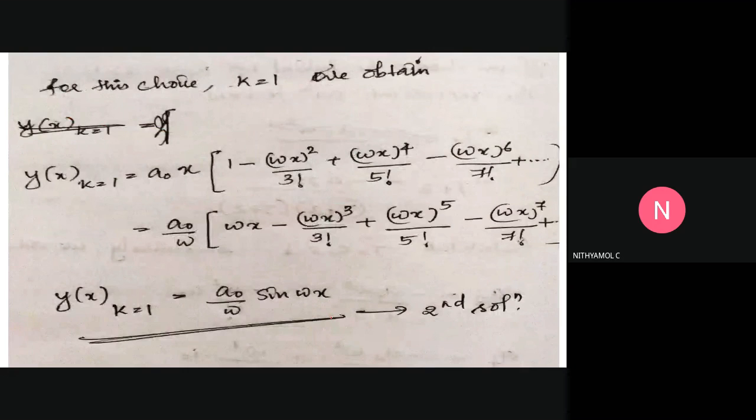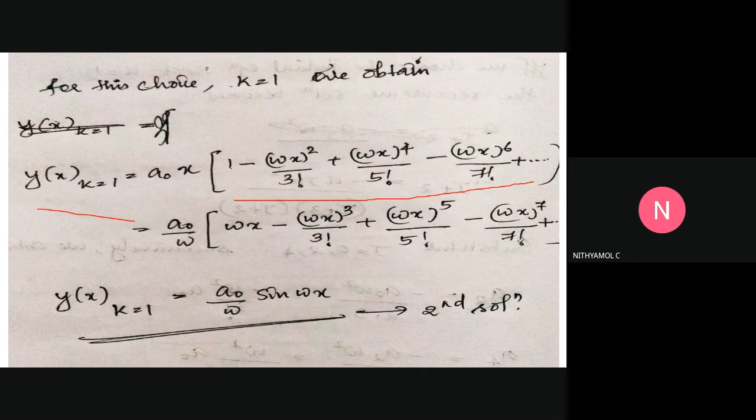Now for this choice, k is equal to 1, we obtain the second solution, y of x at k is equal to 1, is a0 x, and we are expanding this term. We are multiplying each term with the x and omega x, so in the denominator there is an omega.